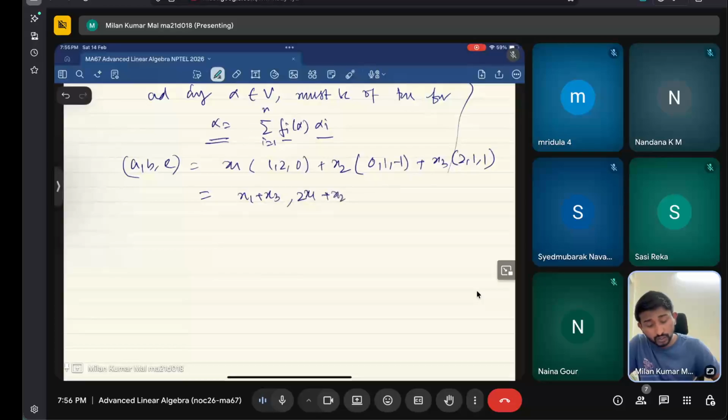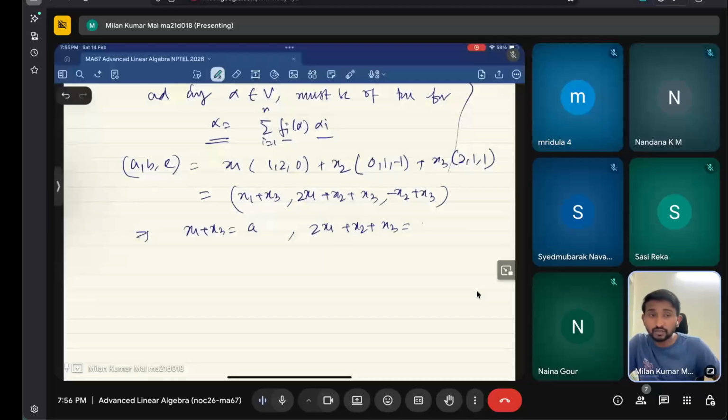If you use the fact that x1 plus x3 equals a here, then what I get is x1 plus x2 plus x1 plus x3, which is actually a plus a, equals b. So x1 plus x2 equals b minus a. And here we have minus x2 plus x3, so x3 equals x2 plus c.